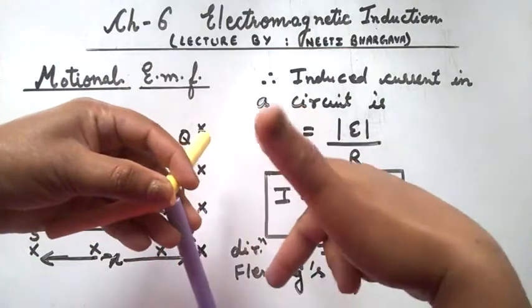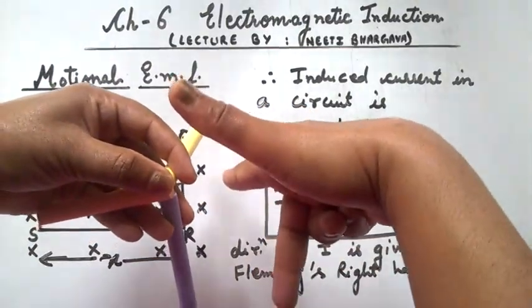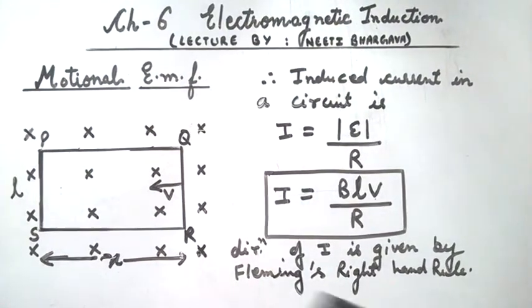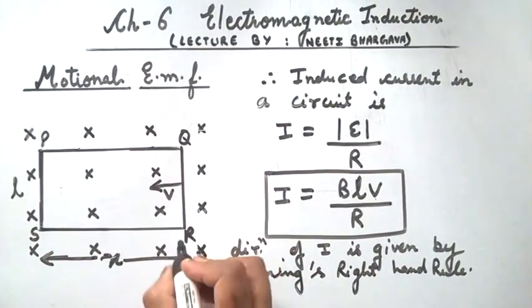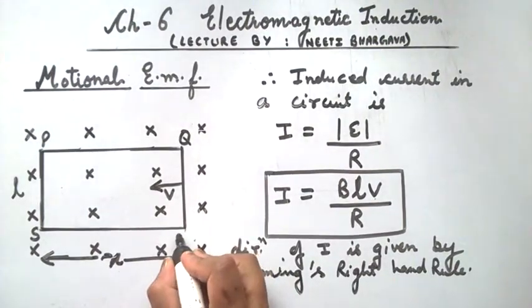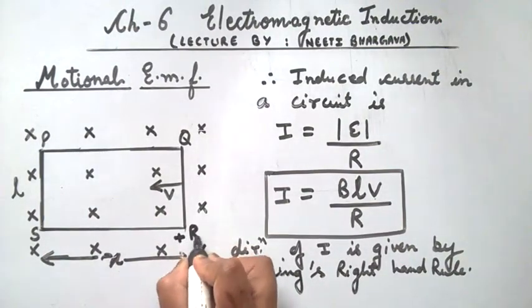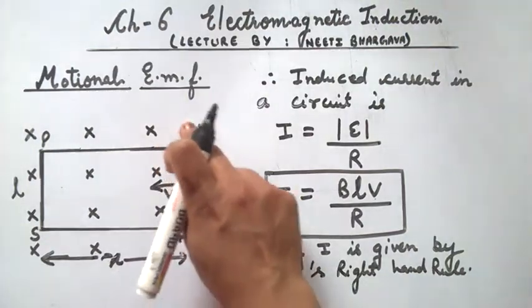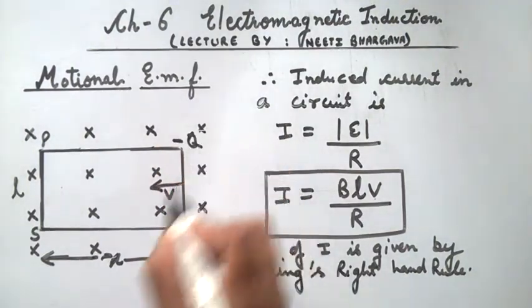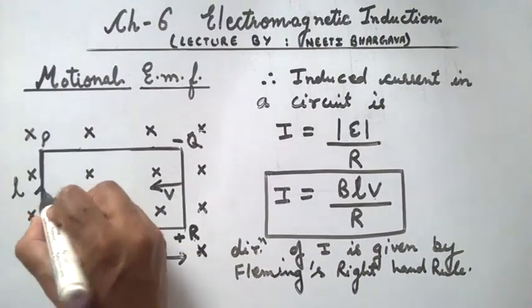It is like this. So the center finger is in downward direction, its polarity this end is considered as positive and this end has negative polarity, and the current is clockwise.